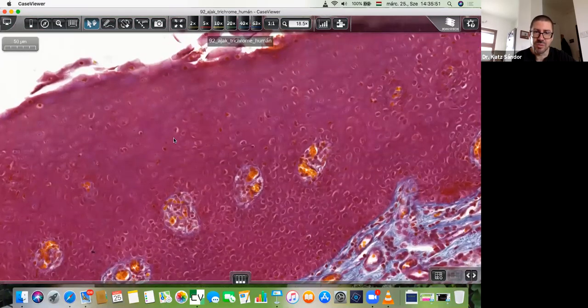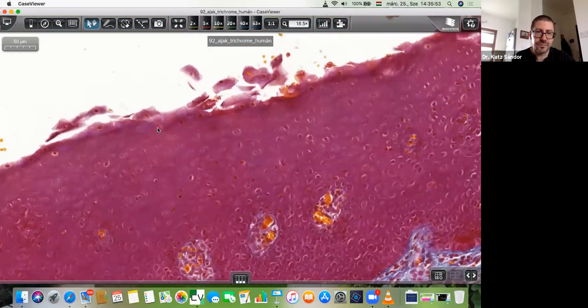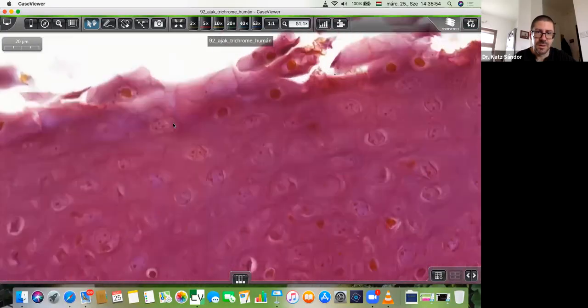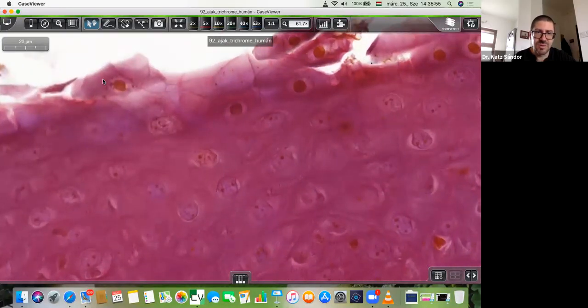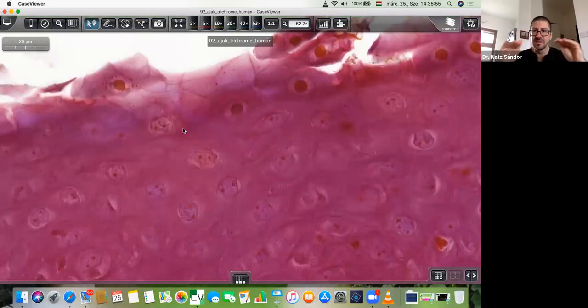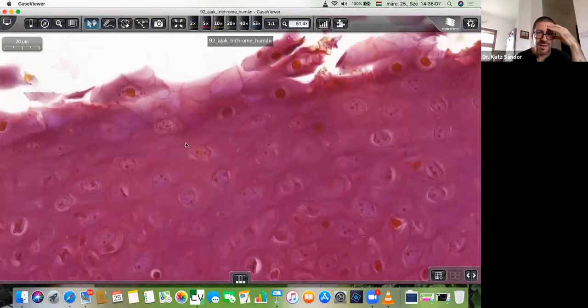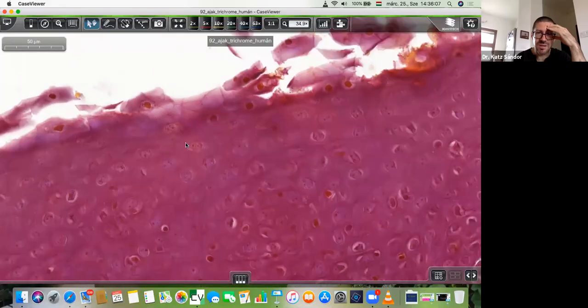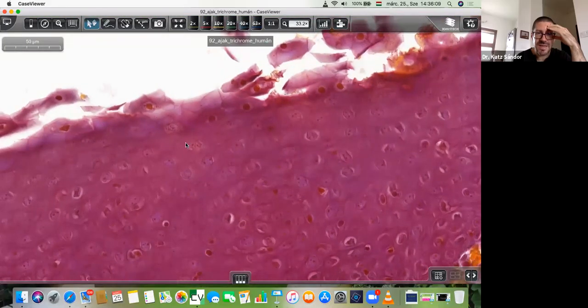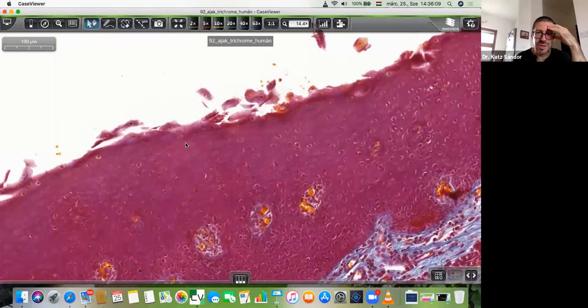So stratum spinosum again. Here we have some granules. We have a really thin layer of stratum granulosum and no lucidum, and there is a really thin corneum. But don't forget, this area is the transitional site between the real cutaneous layer.